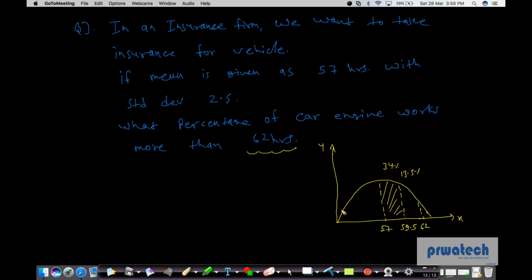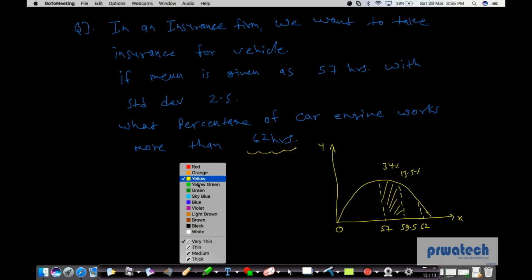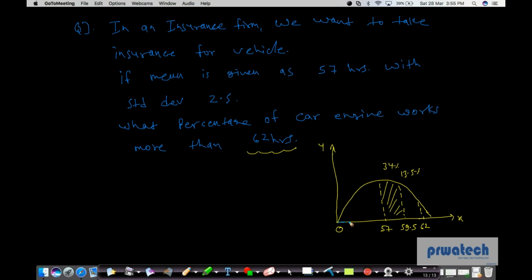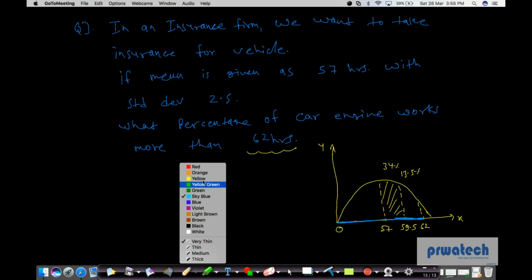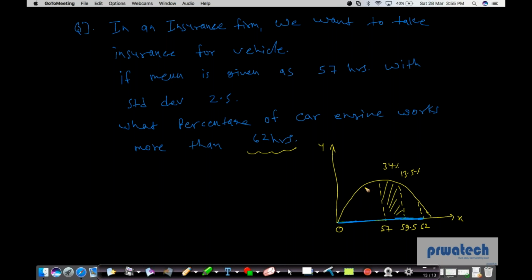How many values do I have in between here? Because this is starting from 0, so 0 to 62, what total percentage is there? What is the total area from 0 to 62? This side is also 34%, symmetrical.